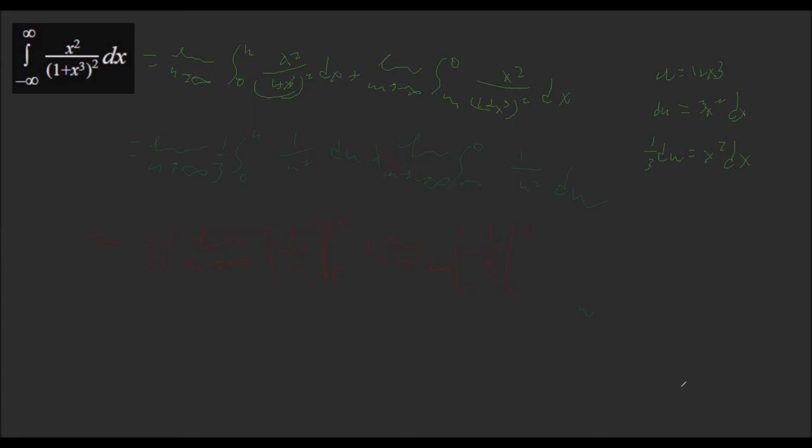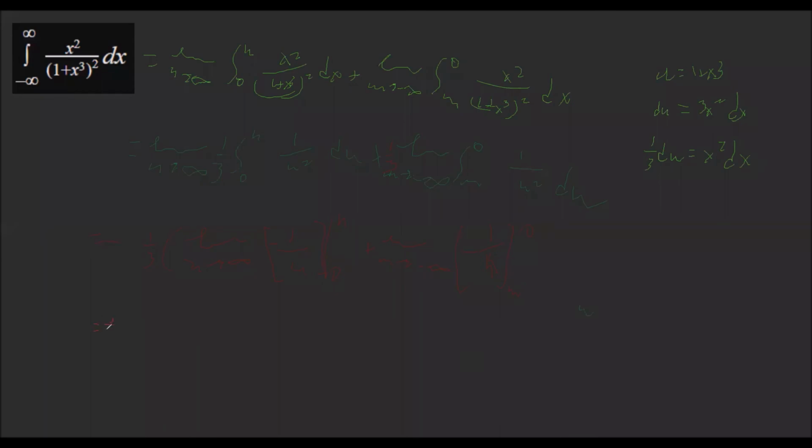I also do not like this color. Sorry. Okay. From here, we can substitute in our values, n, 0, m, and we can equate this to 1/3 the limit as n approaches infinity of negative 1 over n minus, okay, sorry, I made a mistake, kind of. Before we begin by substituting our values, we're going to substitute in our values of u, because I haven't yet done that.